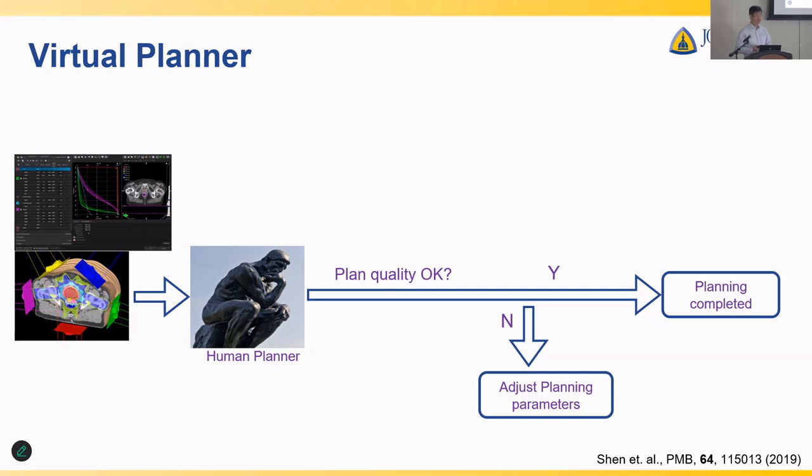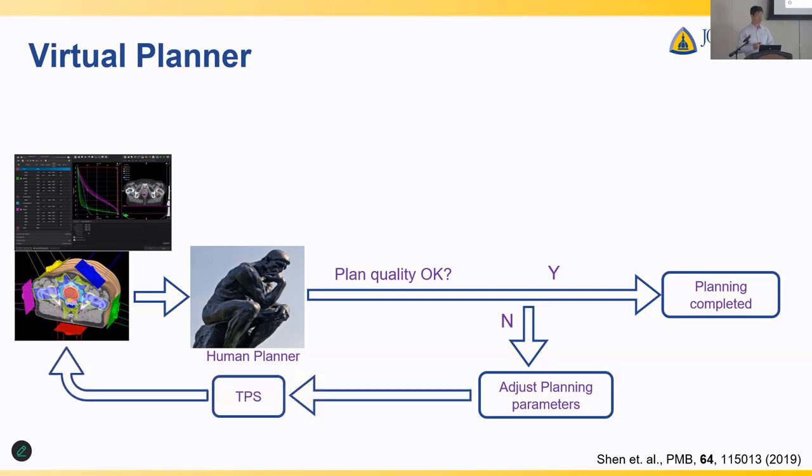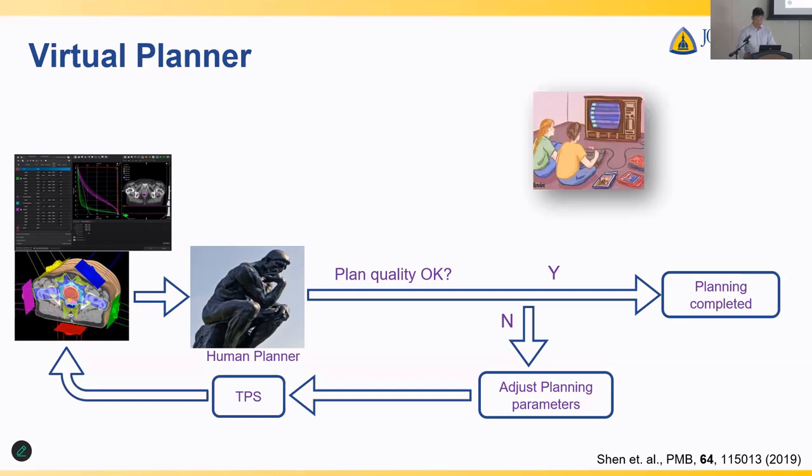Then we adjust the parameters, launch the treatment planning optimization one more time, and come up with a plan, and this loop continues. This is, to us, very much like playing a computer game. And because of that, a few years back, remember, in early work DeepMind demonstrated that reinforcement learning can be used to control a computer to play computer games.